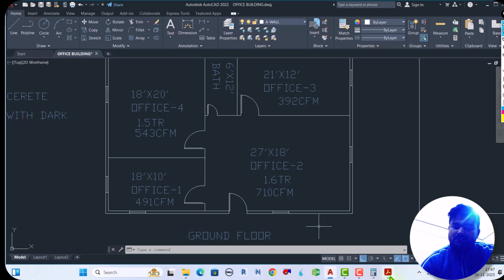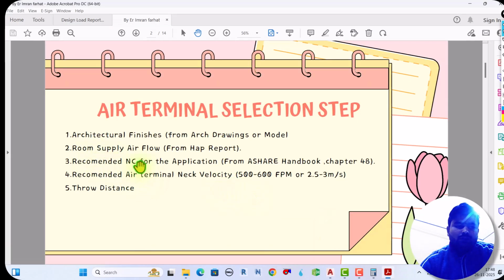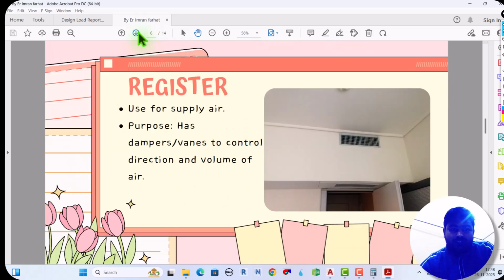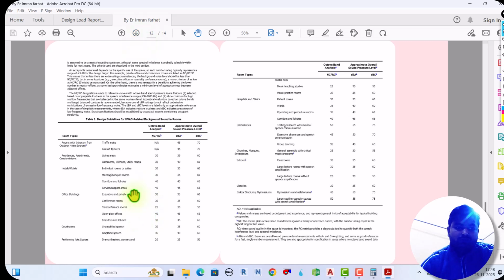So now next is recommended noise criteria for the application. We know that noise criteria is very important for sound control.